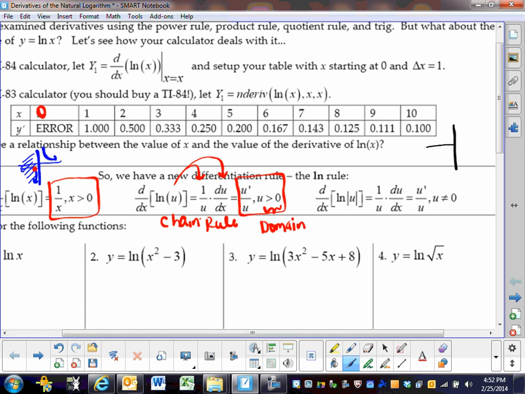The only way that we can avoid having a restriction is if we had the absolute value inside the natural log, because the natural log of the absolute value would allow us to have both sides. But we still could never do the natural log of 0, so we would still have the asymptote.